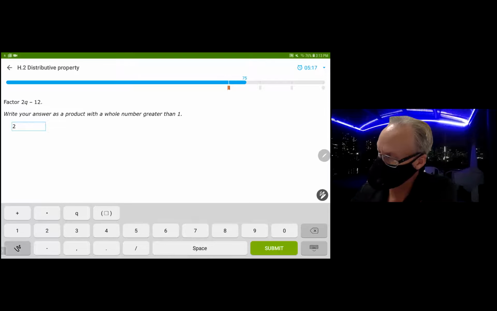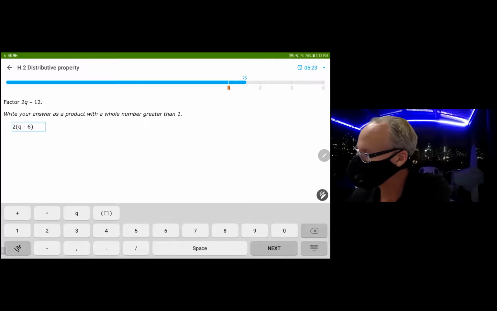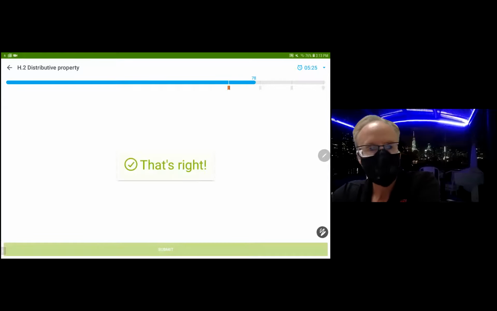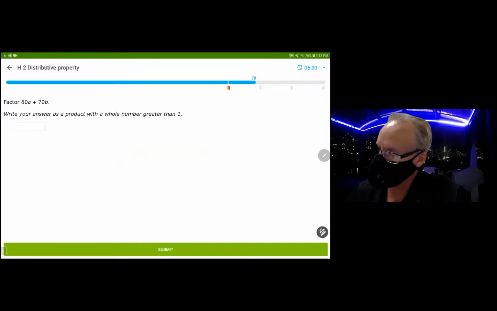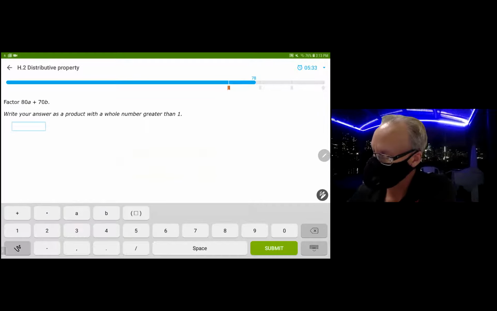We are going to factor it out. And we're going to have a q minus 6 inside the parentheses. And we're going to factor out the 10. So factoring out the 10 gives us 8a plus 7b.